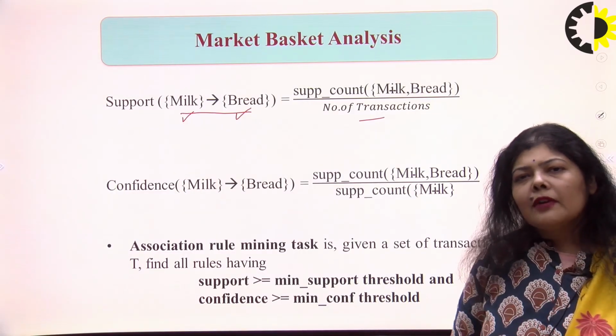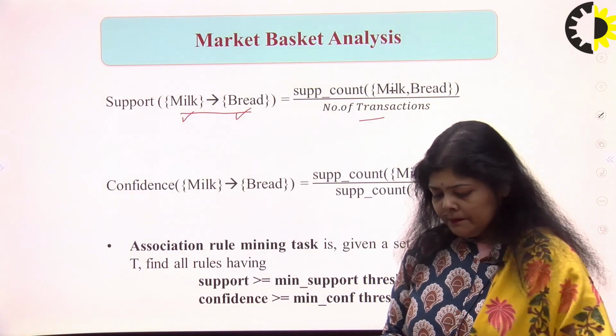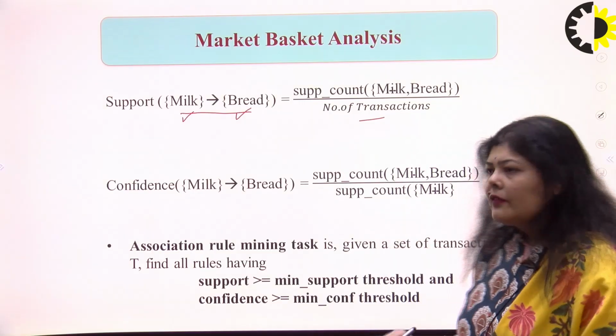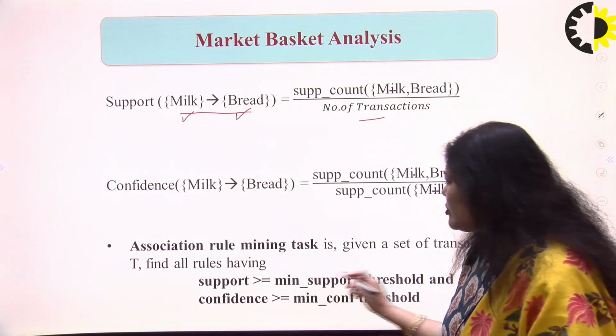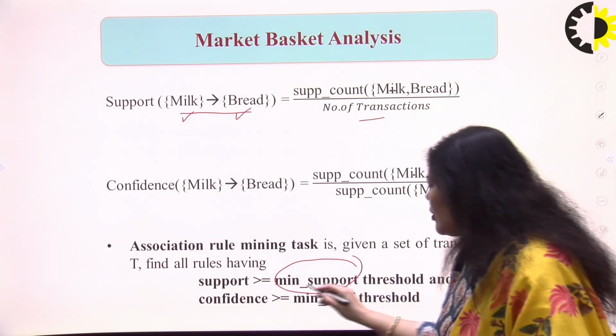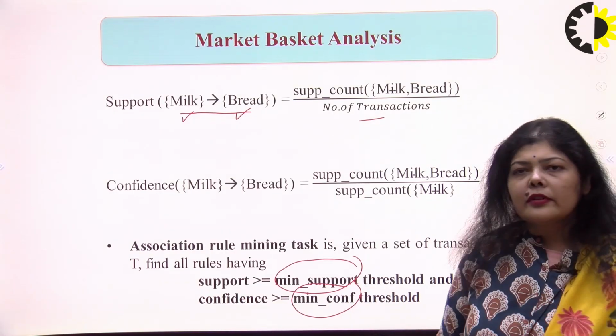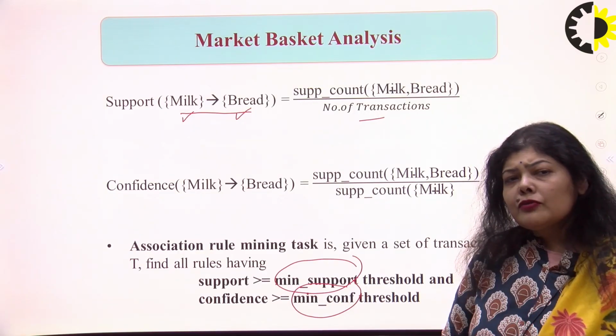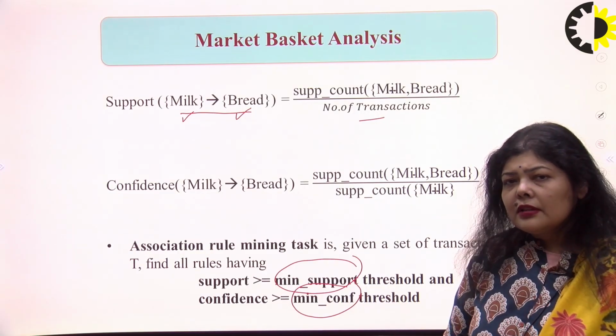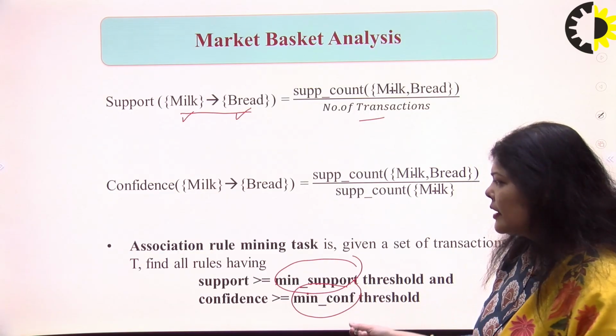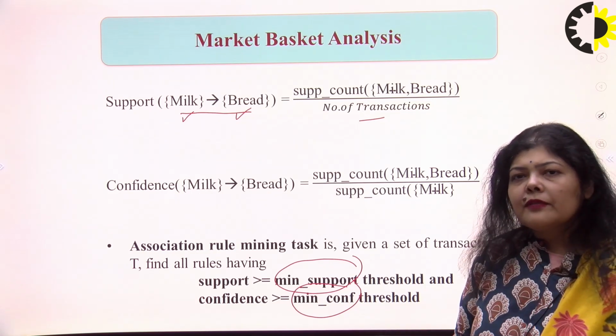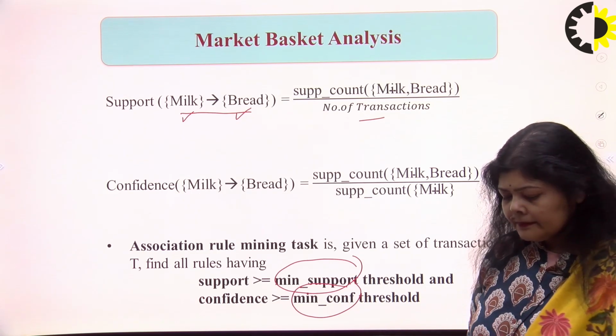Most of the time when we solve numericals, we are given the min support and the min confidence values, and we need to find which rules satisfy this criteria. Those become the frequent item sets.